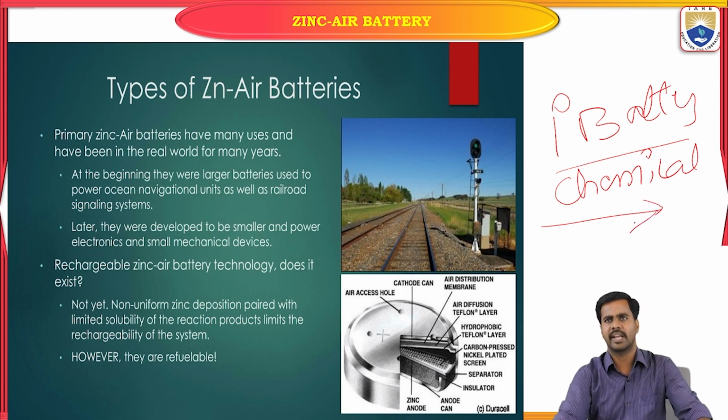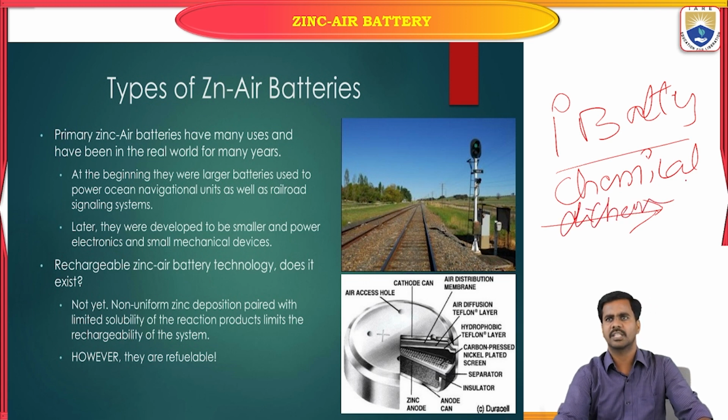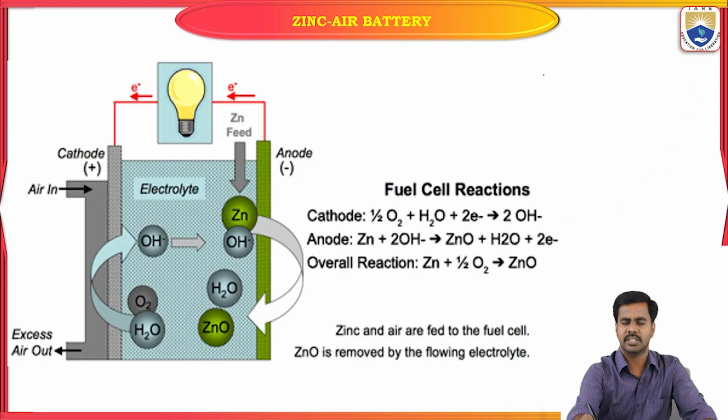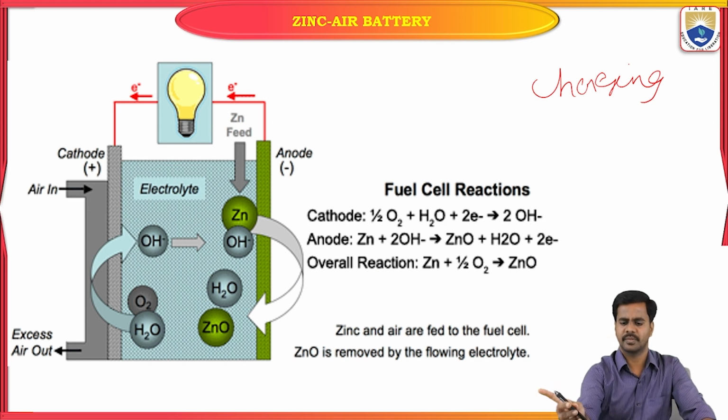There is no reversible reaction. Irreversible reaction in the sense that only the discharging process of the battery takes place. There is no charging in primary battery. That's why it will be discarded after single usage. So that is a primary battery.